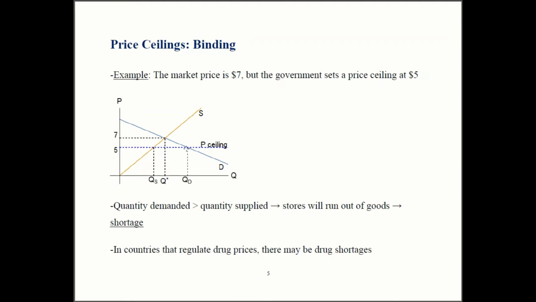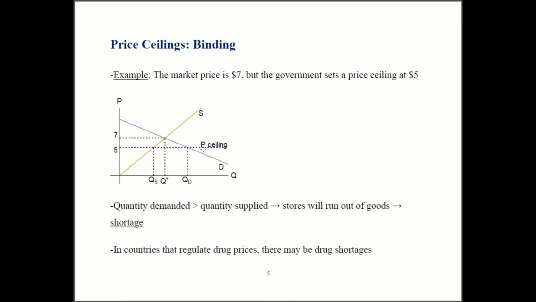So all the supply is going to be bought up, and you'll still have more people trying to buy even more. You're going to run out of goods because not enough is being produced. If you run out of goods, that's called a shortage. So in general, binding price ceilings create shortages.